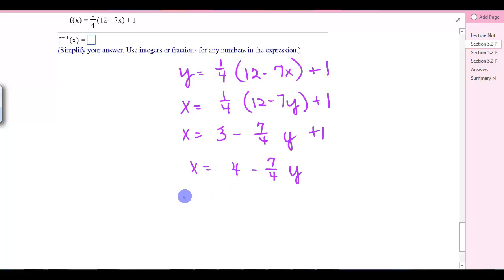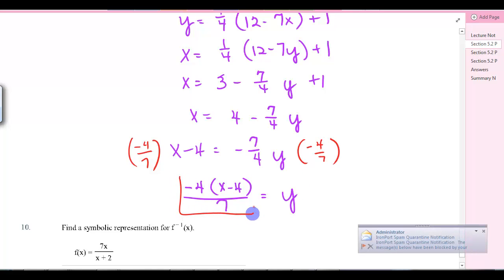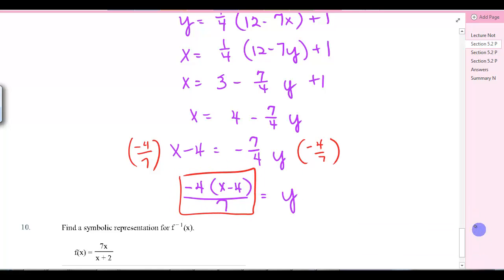And then we'll subtract the 4. And we will divide by the negative 7/4, which means we're going to multiply by negative 4 over 7. And we will end up with negative 4 times (x minus 4) over 7 equals y. And this is our inverse.